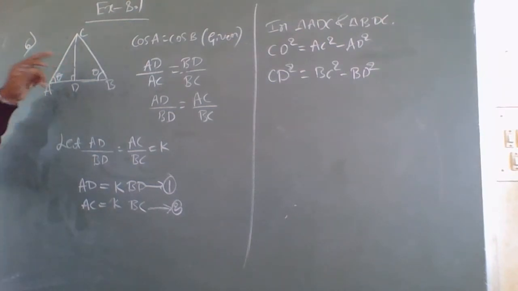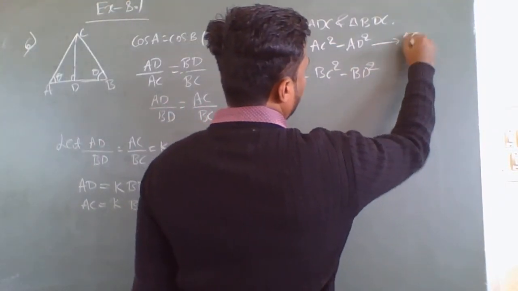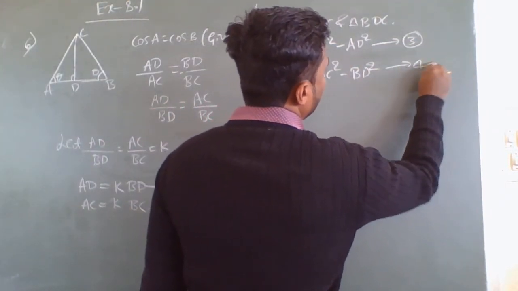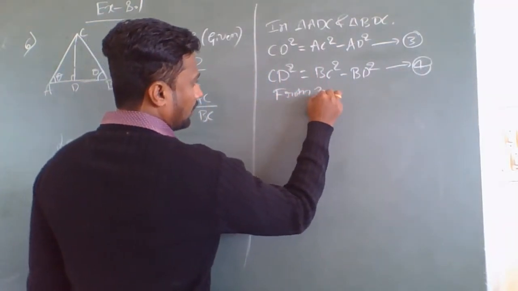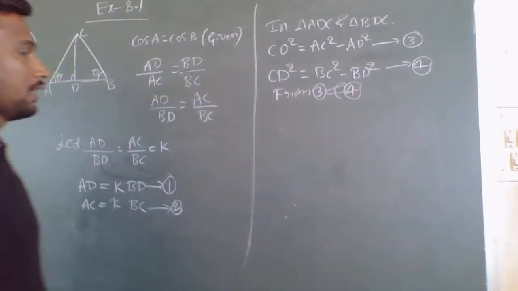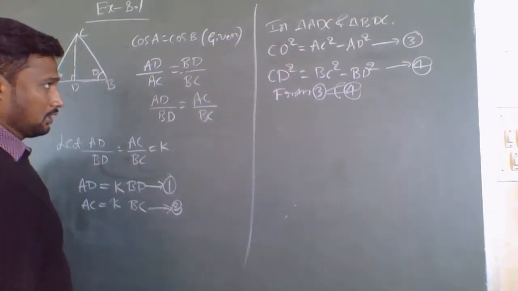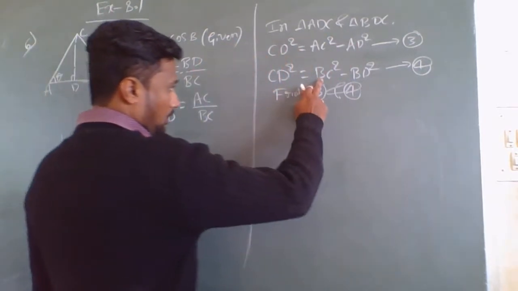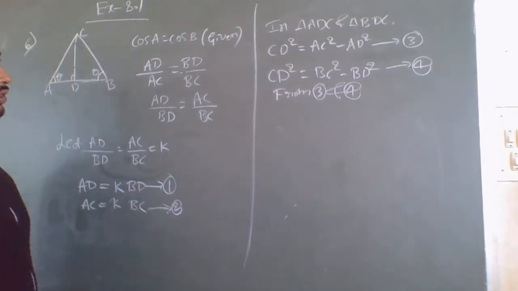This CD square is common in both the triangles. So I will consider this as 3 and this as 4. Now from 3 and 4, AC square minus AD square is equal to CD square, and BC square minus BD square is also equal to CD square.